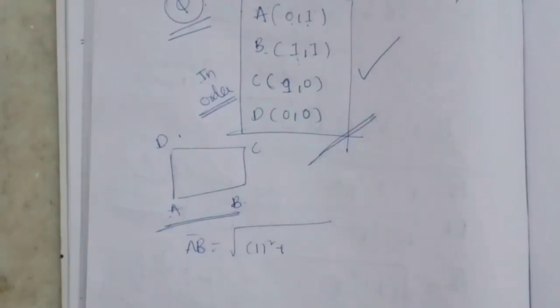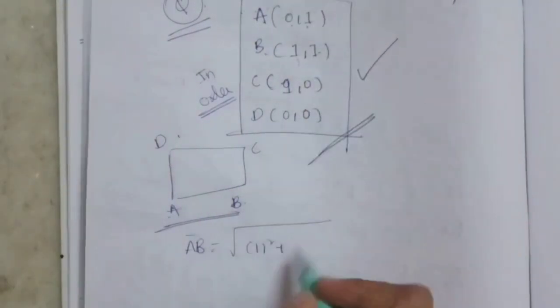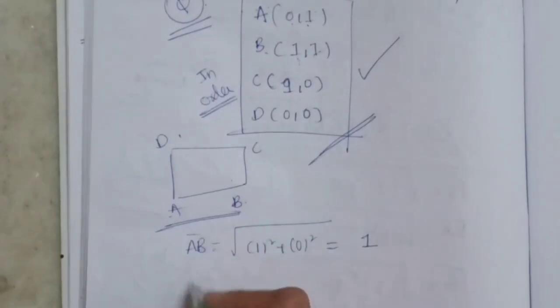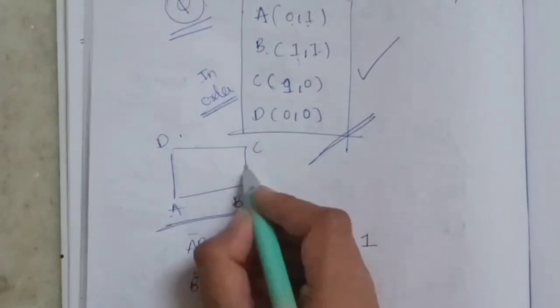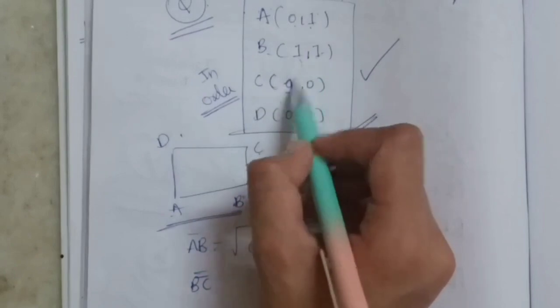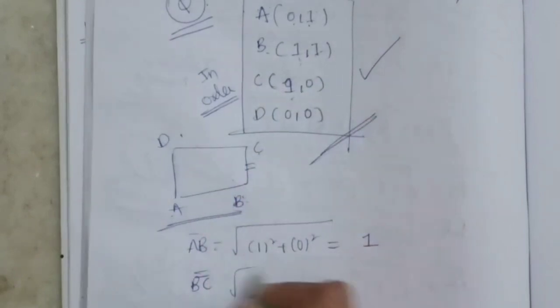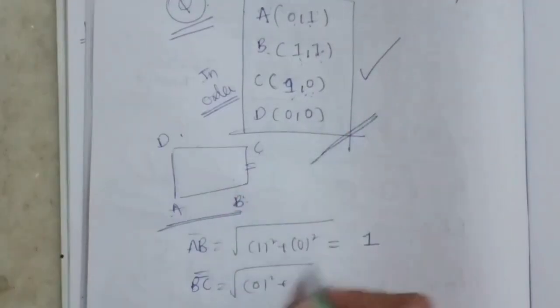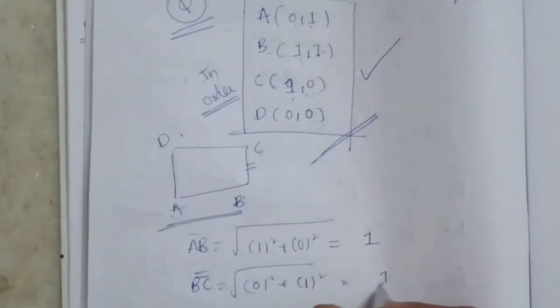What is the y coordinate over here? 1 and 1. 1 minus 1 whole square, 0 square, which is 1. Now let us find the BC distance, this side. Difference between the x coordinates 0. Difference between the y coordinates 1 minus 0 is 1 whole square, which is 1.